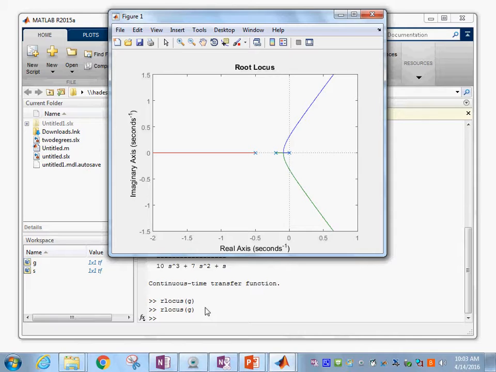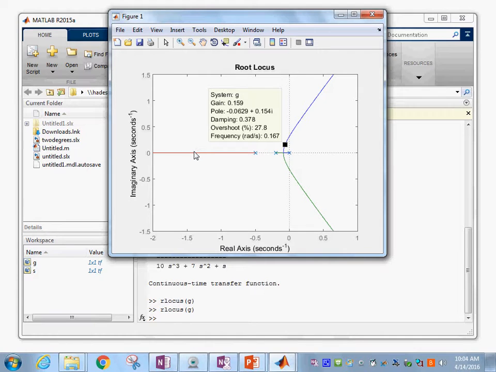So any transfer function that we have, you can actually do this. Now MATLAB has some very nice things, because you could actually click on a location here. Do you see what it does? It gives you the value of the gain, what the roots are, what the damping is, what the overshoot is, and at what frequency.